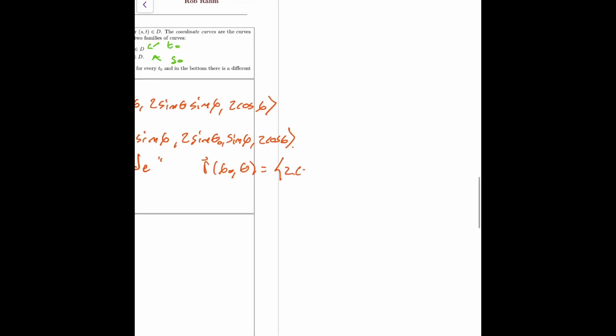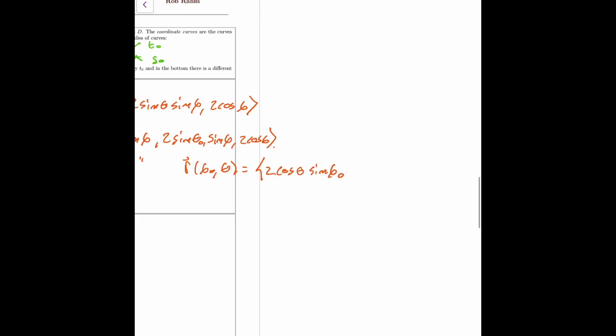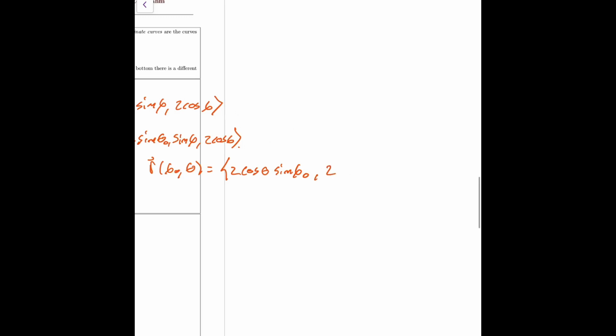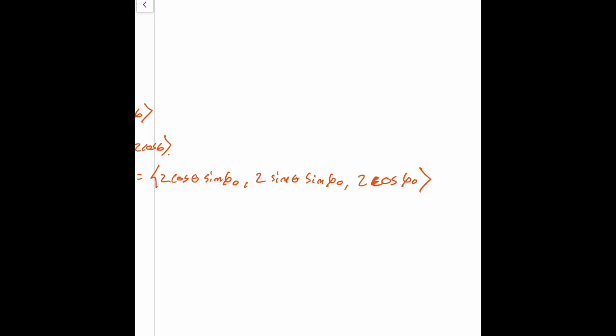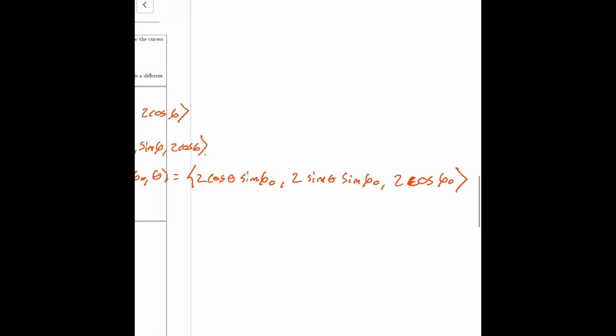This is 2 cosine theta sine phi naught, 2 sine theta sine phi naught, and then 2 cosine phi naught. Okay, so notice what's happening here.